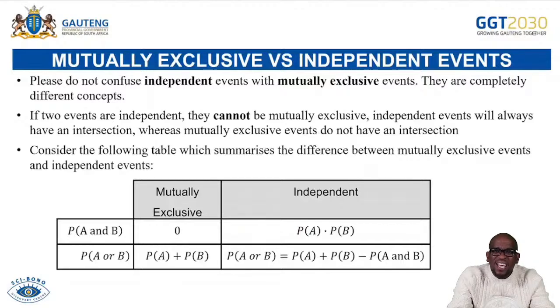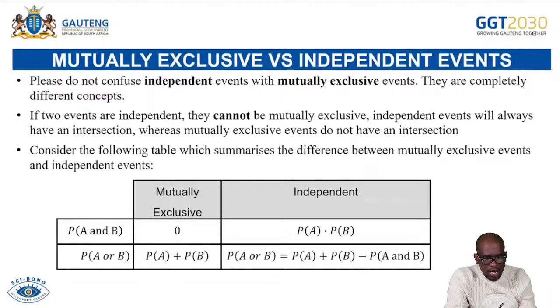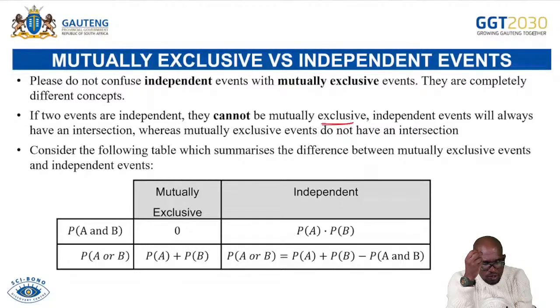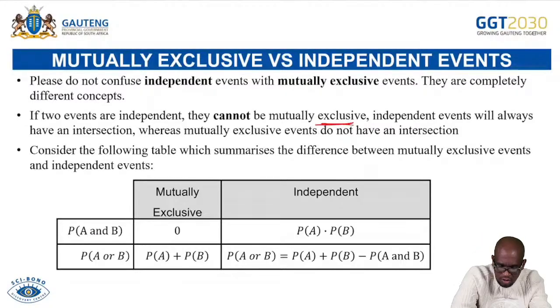If two events are independent, they cannot be mutually exclusive. Because remember, if they are independent, we are saying the intersection exists, but with mutually exclusive, we said the intersection is 0. Independent events will always have an intersection, whereas mutually exclusive events do not have an intersection.